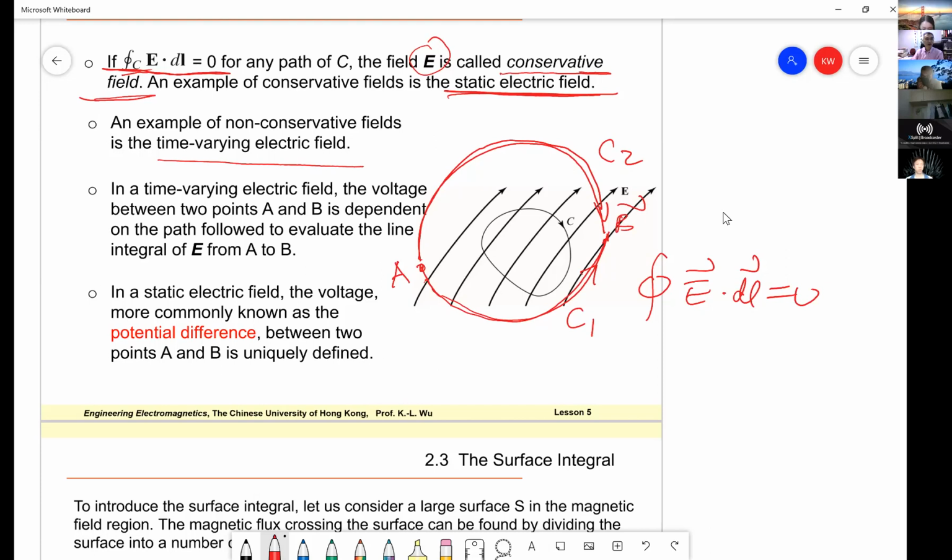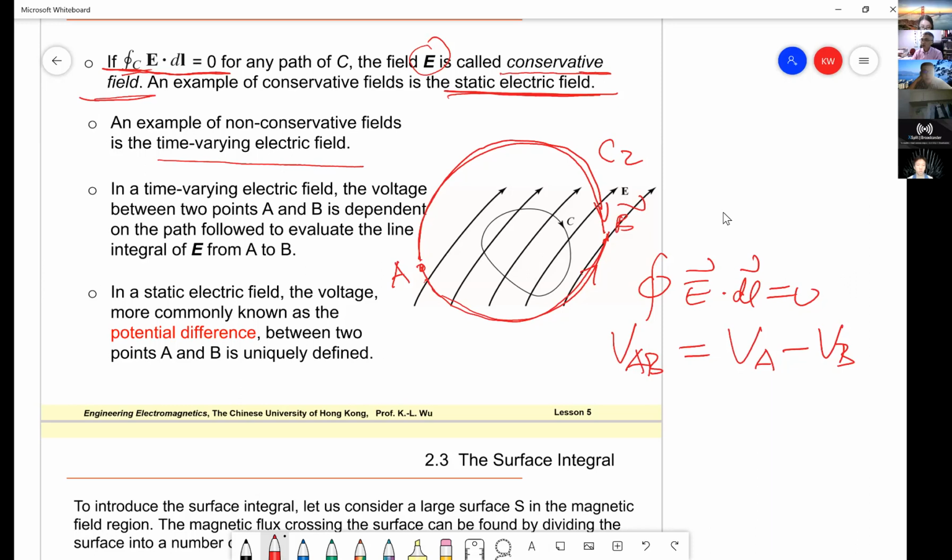Since it is uniquely defined, the voltage from A to B can be defined as the difference of two potentials.